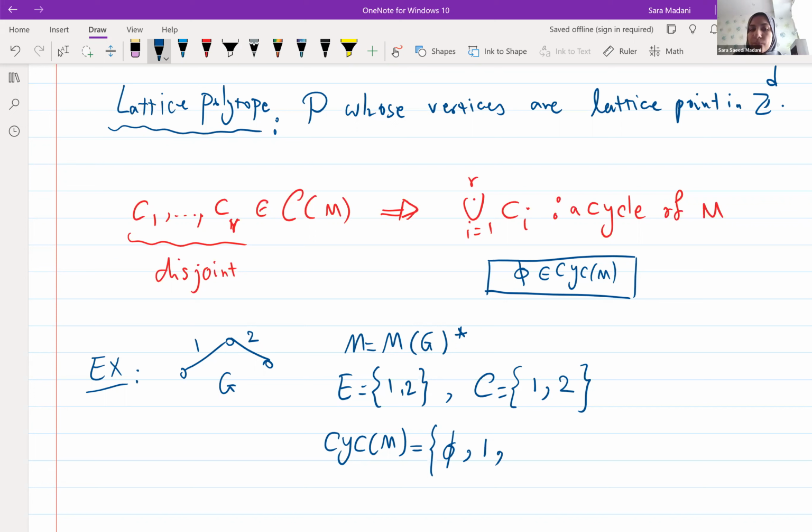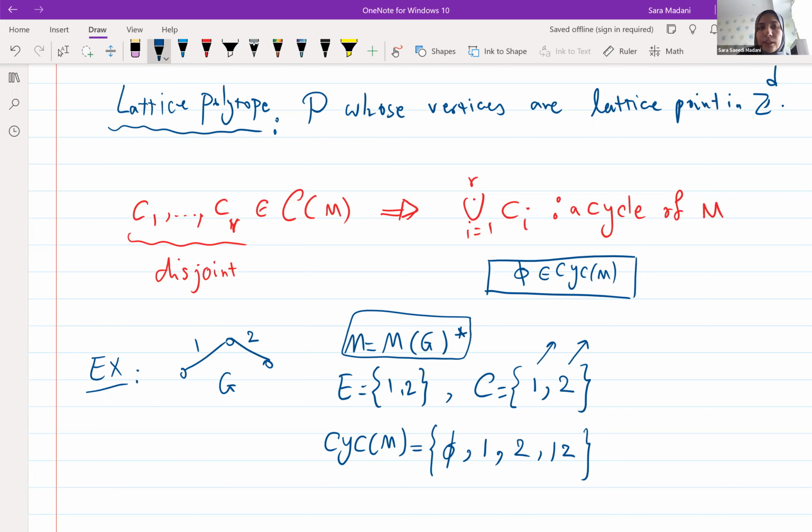So 1 is a cycle, 2 is a cycle. But here, I have 2 disjoint circuits, the singleton of 1 and the singleton of 2, so what I get is their disjoint union, and that's all. So for this graph and its co-graphic matroid, we saw what the cycles of M are. I hope this clarifies the definition for you.